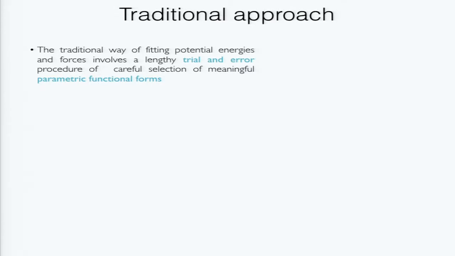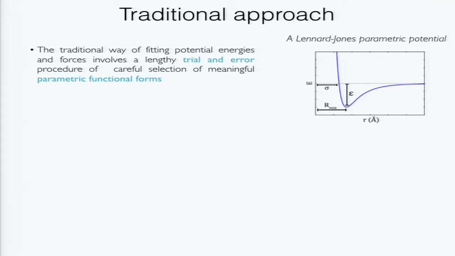This was also done traditionally by choosing a simple parametric form, let's say that of a Lennard-Jones, in which you have 2 parameters, and by trial and error you would try to fix these parameters. This is fine in the case of the Lennard-Jones. It's simple enough, you can just plot the two and see whether you have a best fit.